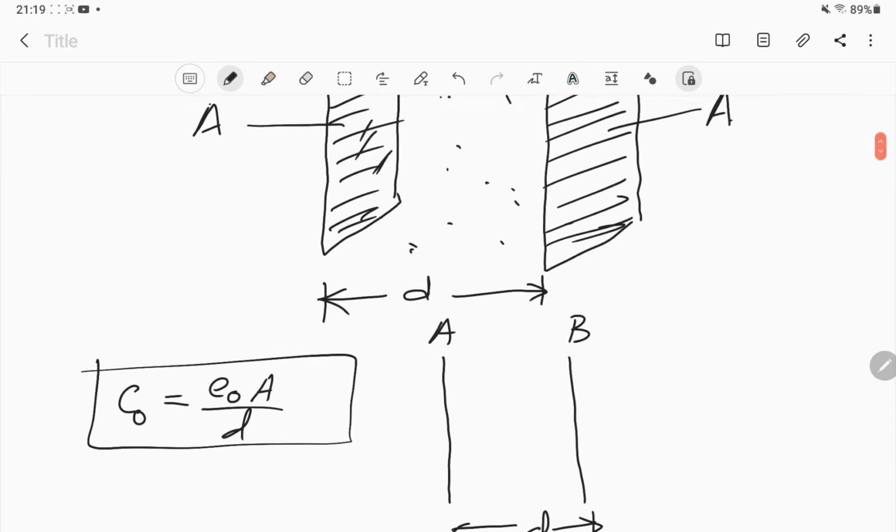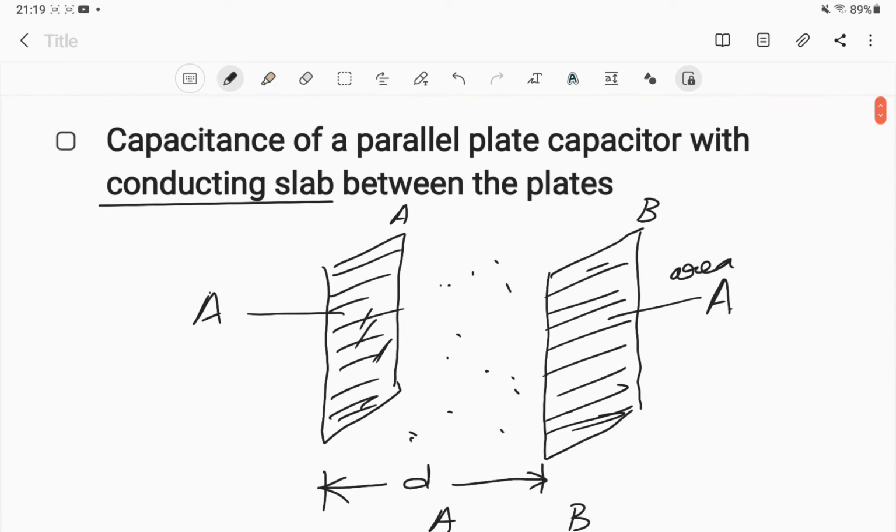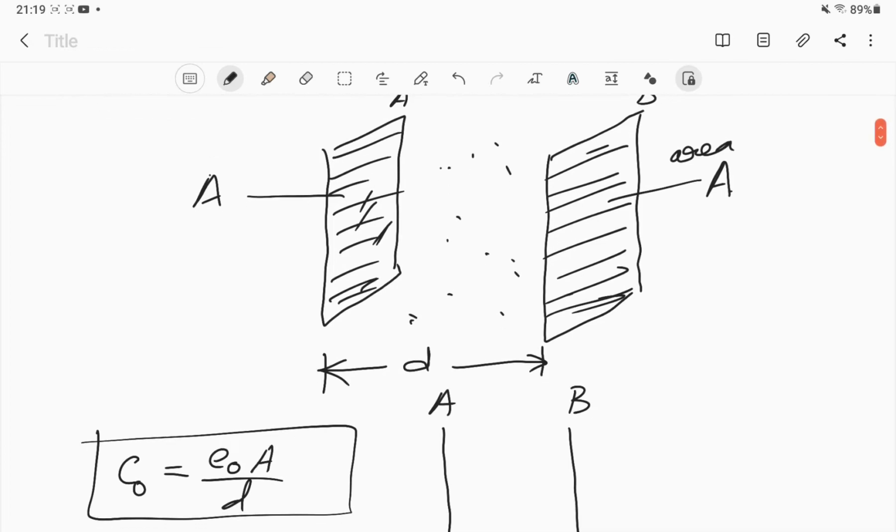This is the capacitance of the parallel plate capacitor with air or vacuum between the plates.